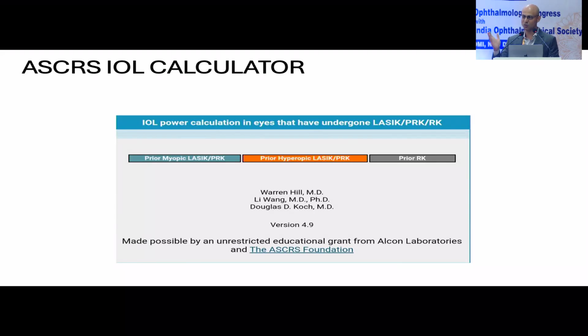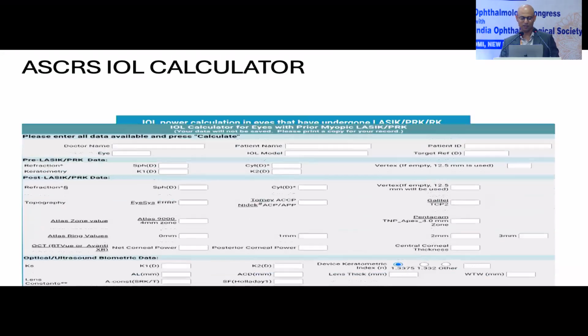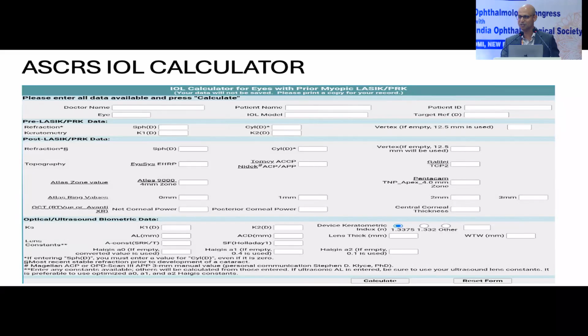Depending on your case, you select the tab, and input the data from all your different machines that you may have, Pentacam, optical biometry, manual case, etc. Based on whatever inputs and clinical history you have given, whichever formulas are applicable in this website, it will give you the output, and from those you can choose. So I think it makes our job easier. We are clinicians, we are not physicists, and you have to fill in this data, and it will give you an output.